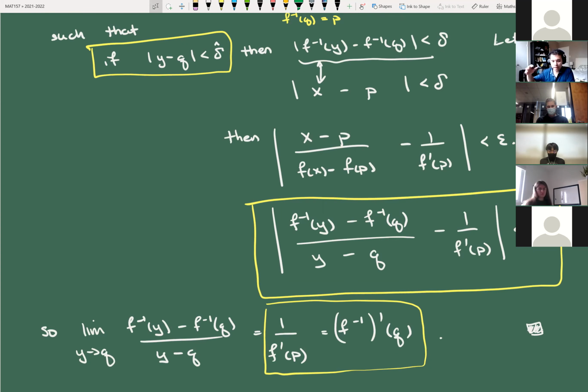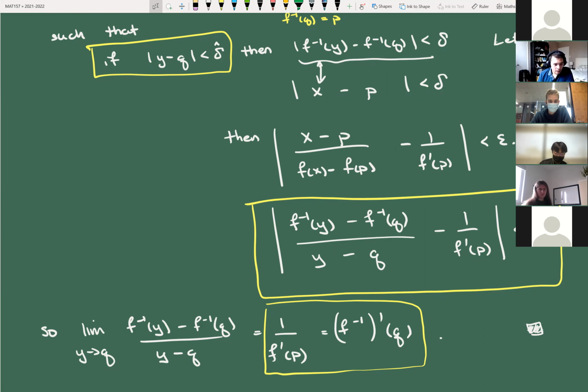I've tried to do so notationally in a way that's obvious. I could have been super consistent and written everything in terms of y's and q's, but I think things get a little bit confusing. So I am kind of jumping between them, but I hope I've done so in a way that isn't too hard to see why this is working.